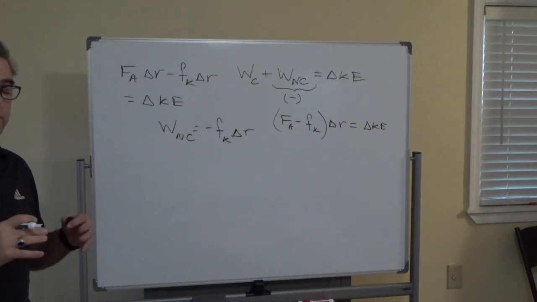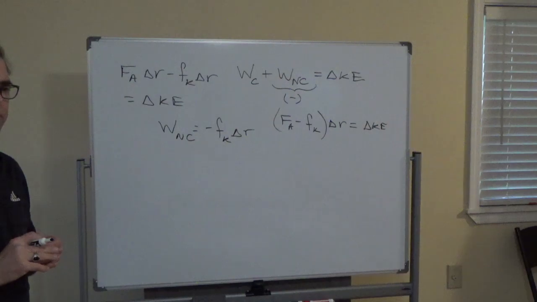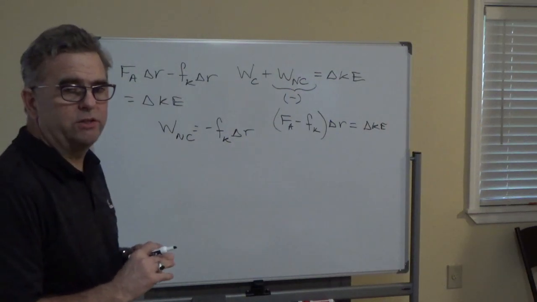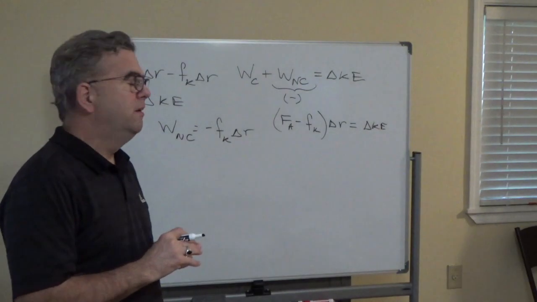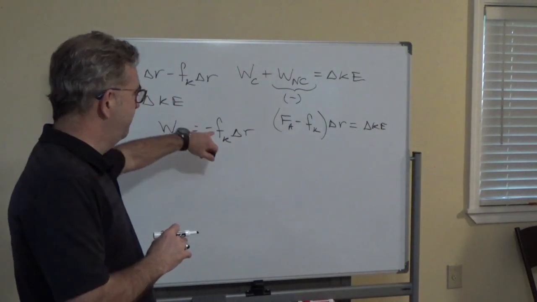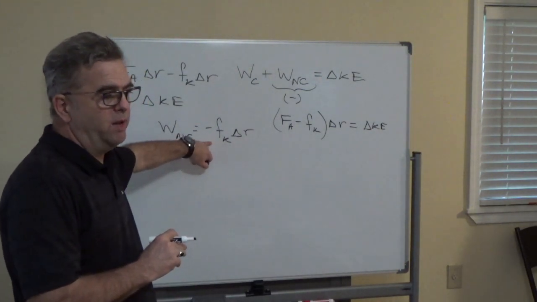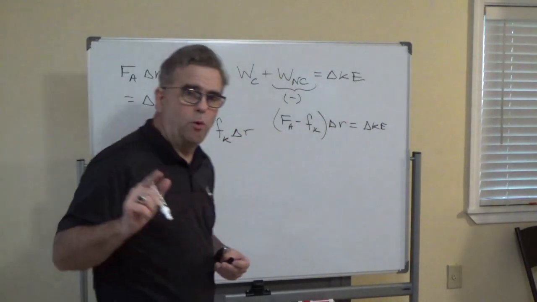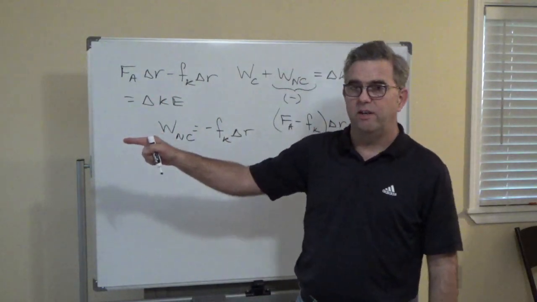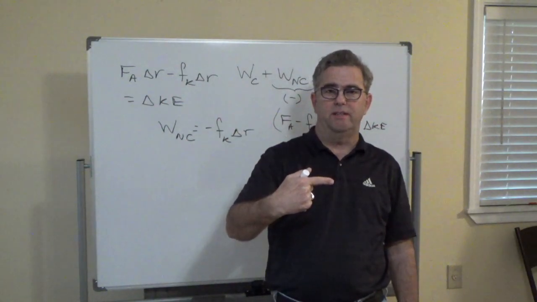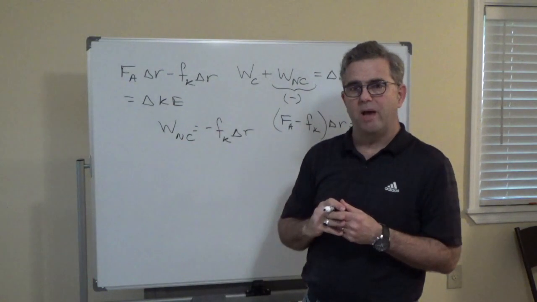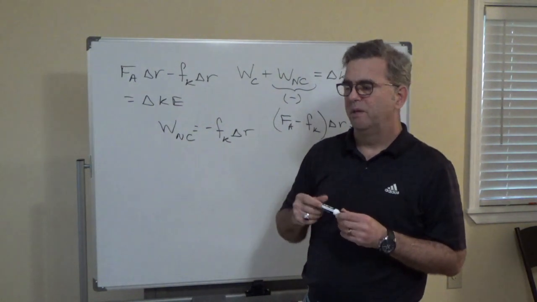So when you're working these problems and you're looking at forces that are opposite to the direction of motion, like the friction force, they're doing a negative amount of work. You already know that if the force is in this direction and the displacement is in this direction, then you are doing a negative amount of work, okay?